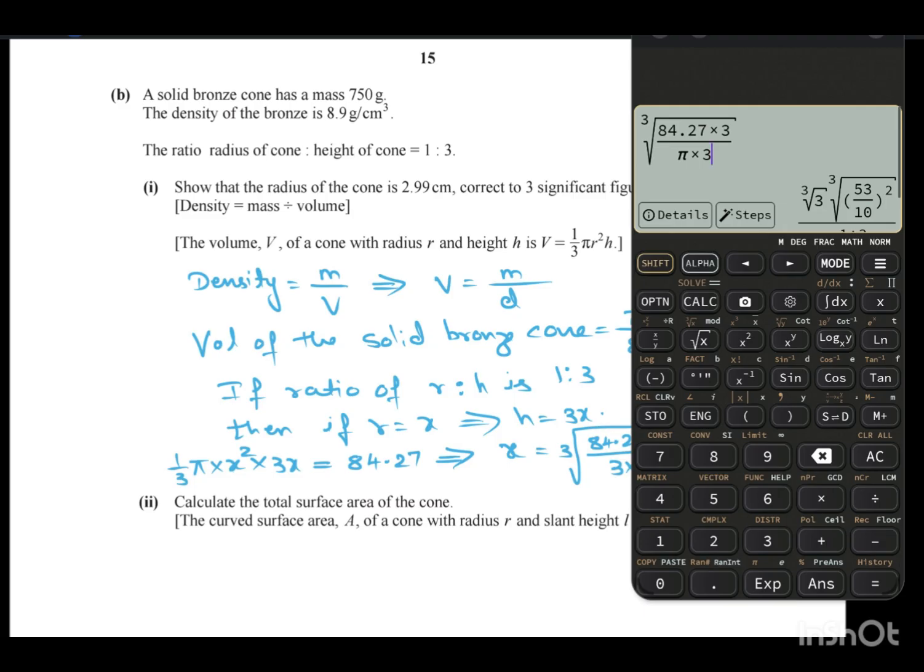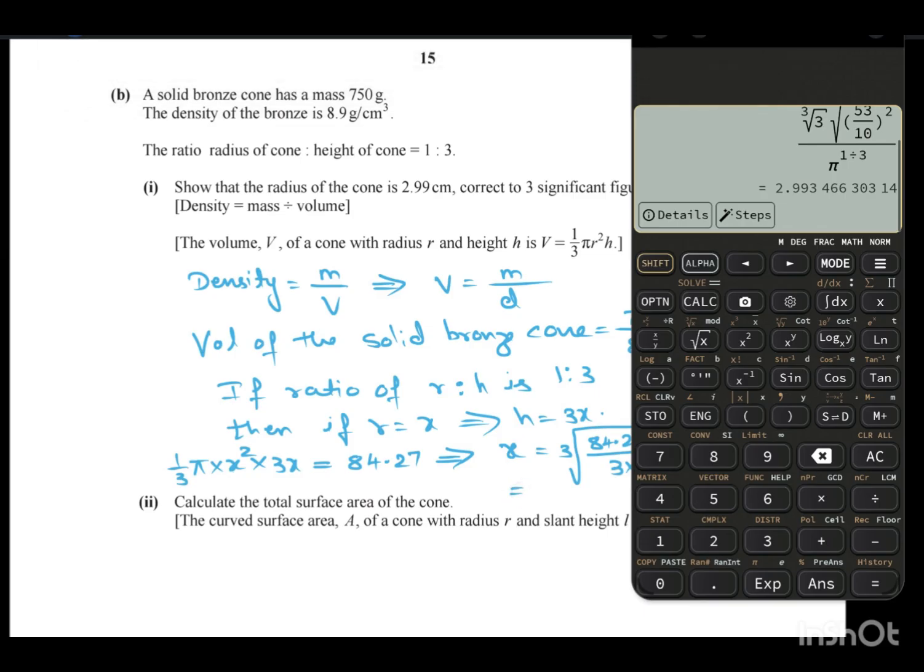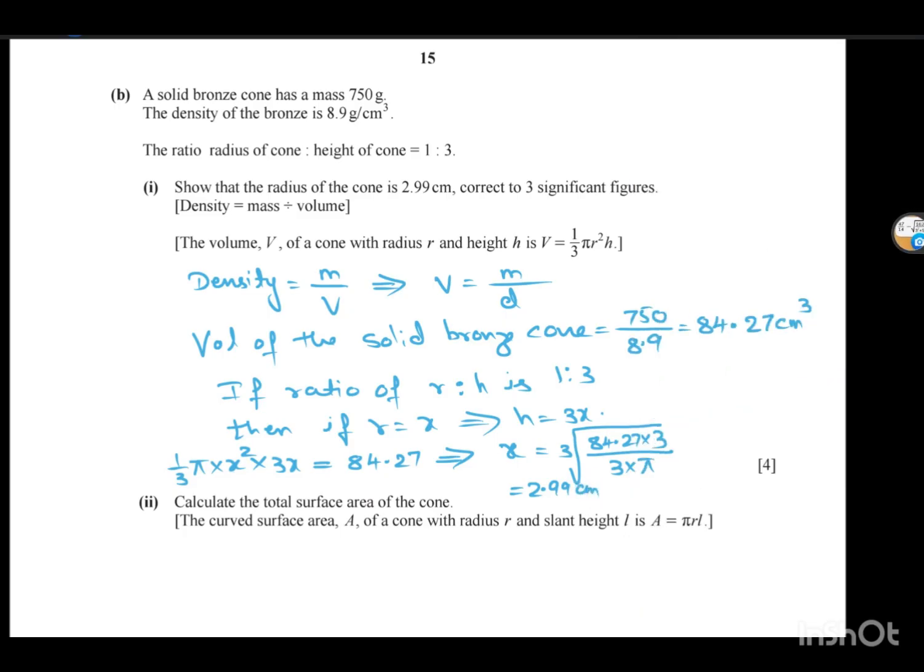Or you can cancel out 3 also. 2.993. So we got the answer, centimeters. Question number B1 is done.